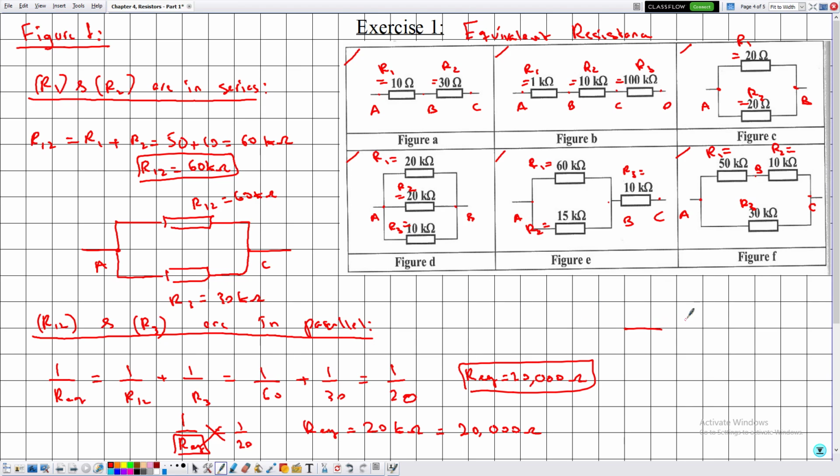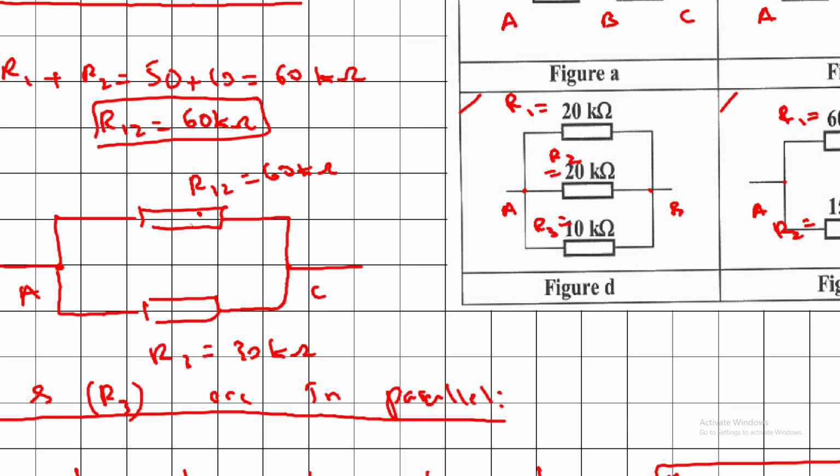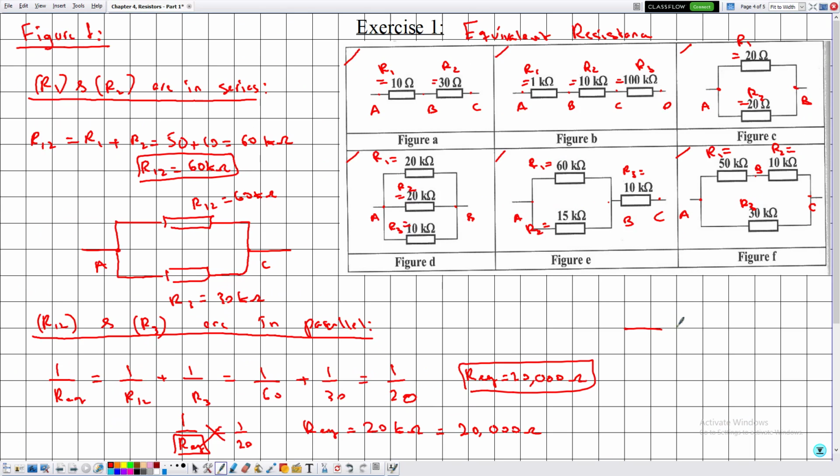So all of these three resistors will boil down to only a single resistor across the terminals A and C, having an equivalent resistance of 20,000 ohms, which is equal to 20 kilo ohms.